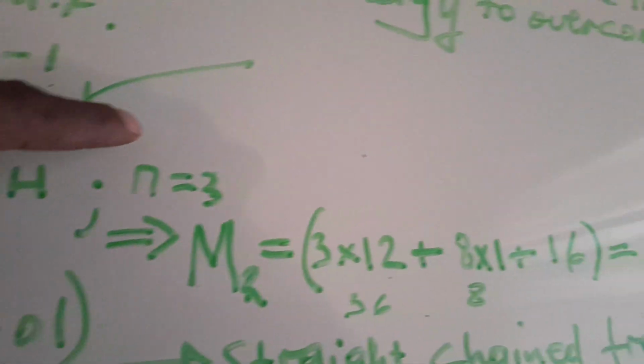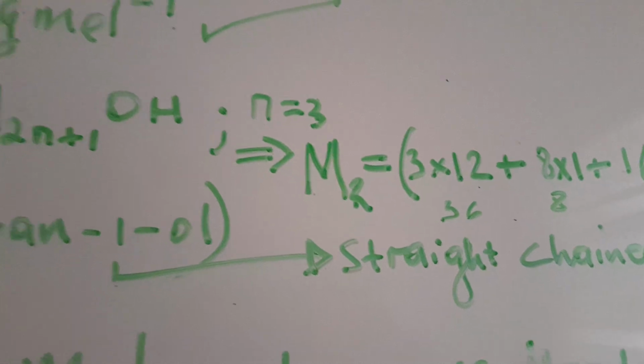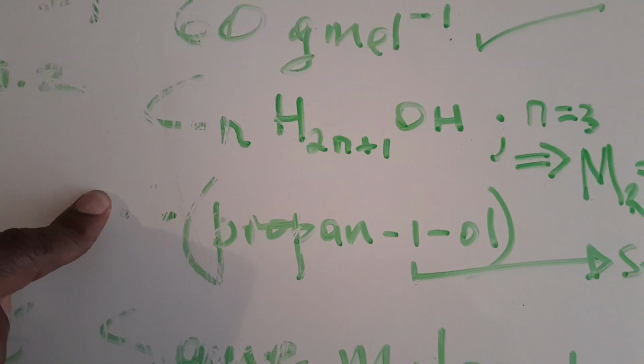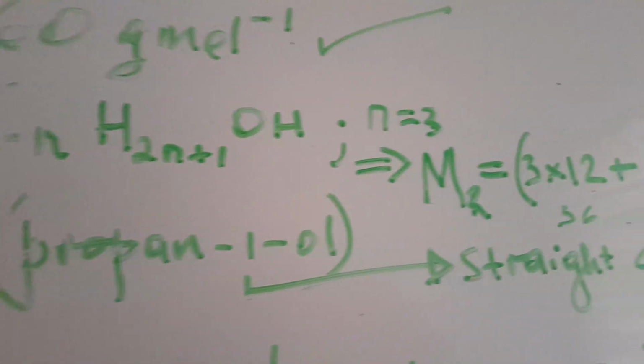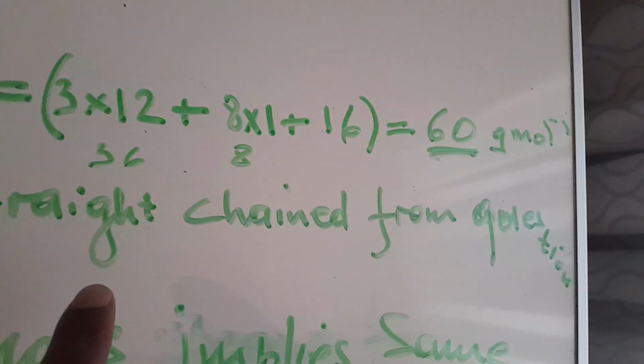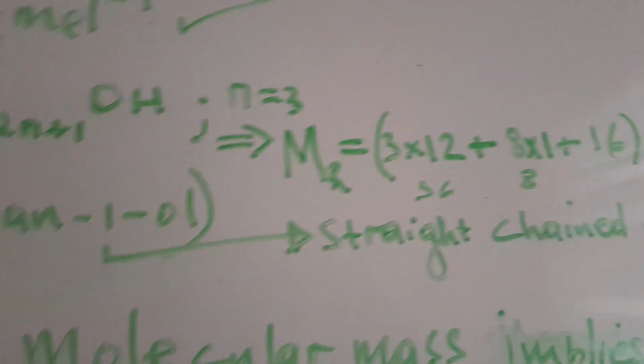And a 3 carbon alcohol is propanol. But we are going to specifically give it as propan-1-ol because the question stated that the substances are straight-chained substances.